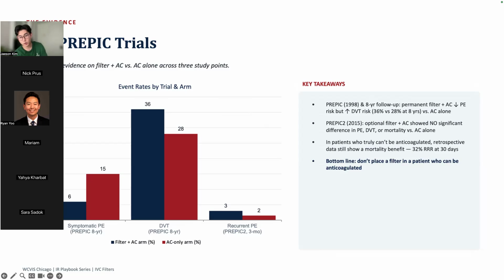Yeah, that's a really good question. Again, these filters are for patients who can't be on blood thinners. But like I explained, they usually place it below the lowest renal veins.